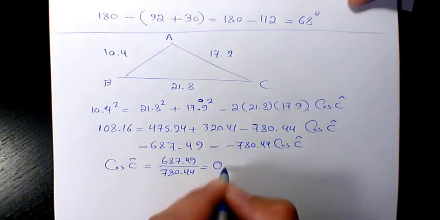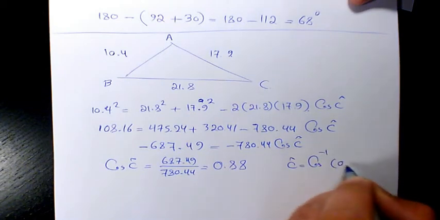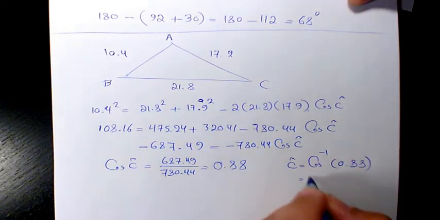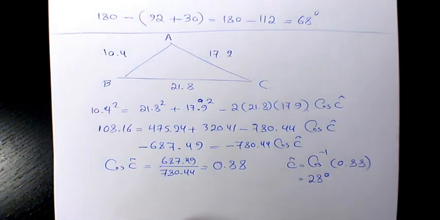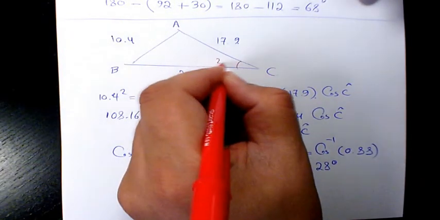It's going to be 0.88. So C is going to be the cosine inverse of 0.88. It's going to be 28 degrees. So C is going to be 28 degrees.